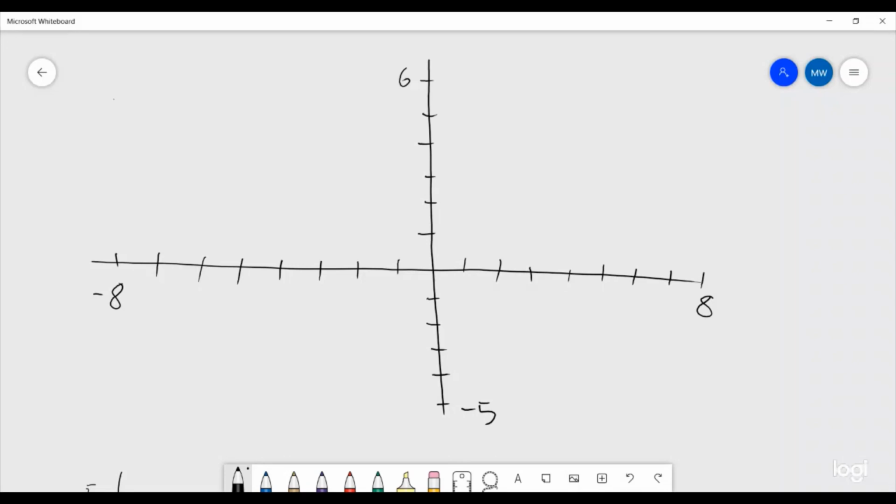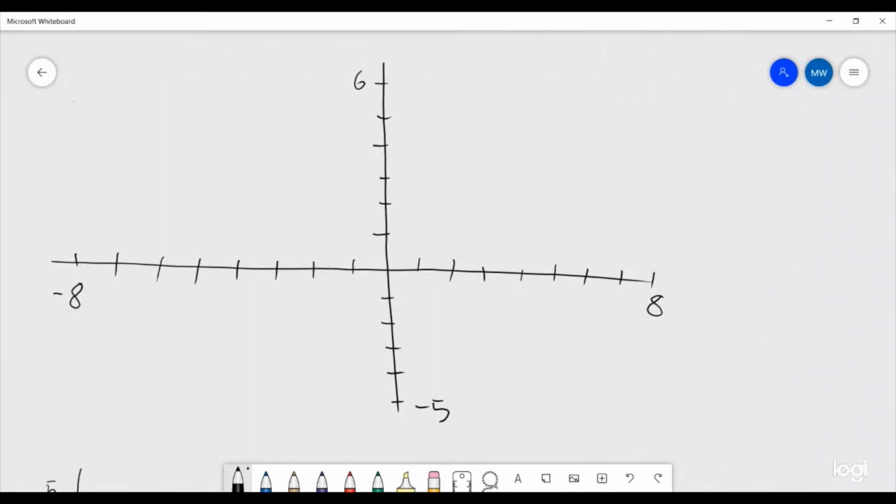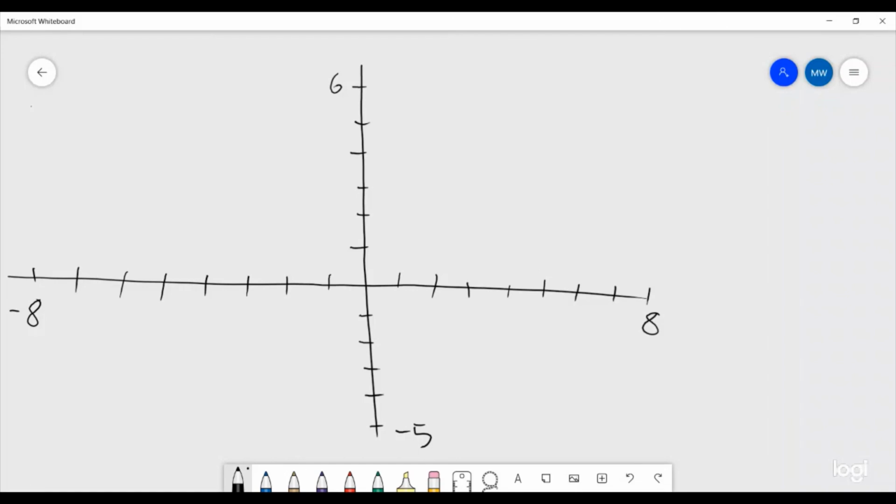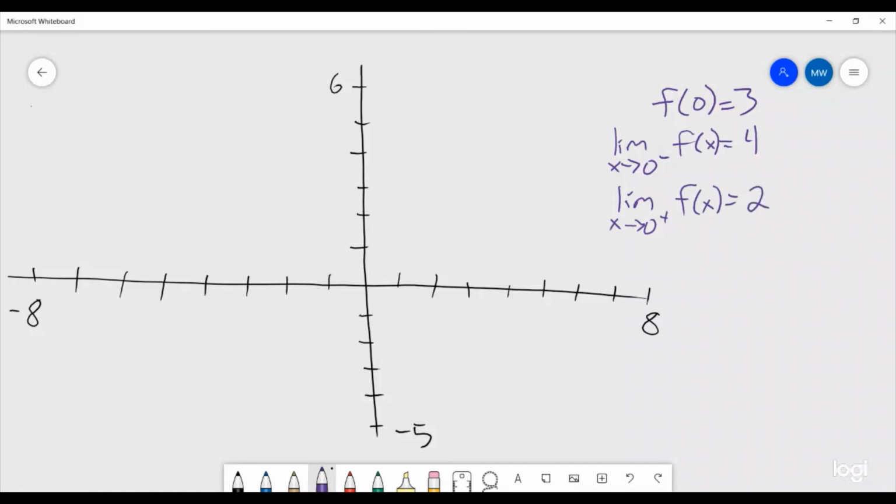Okay. So let's just write down a bunch of conditions that we then want this graph to satisfy. We want f of 0 equal to 3. We want the limit as x approaches 0 from the left of f of x to be 4. We want the limit as x approaches 0 from the right of f of x to be 2.